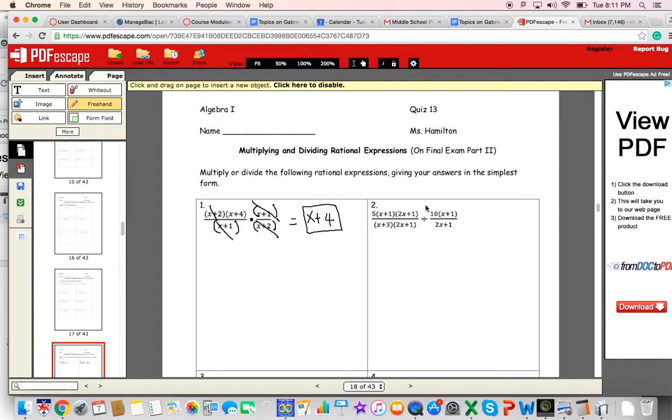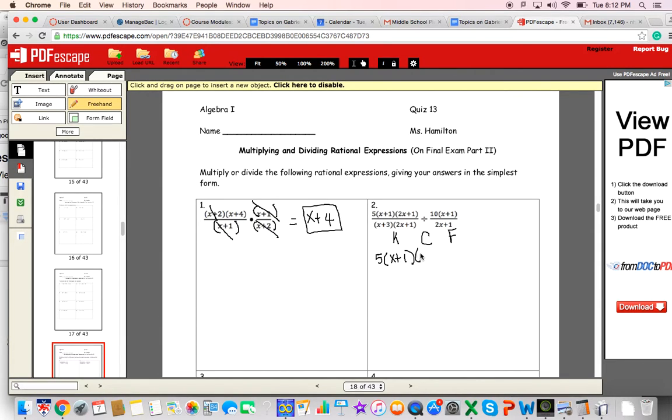All right, so here we have a division sign. So you have to always remember, if you have a division sign, you're going to always want to keep the first, I say K for keep, the first fraction, change our division sign to a multiplication sign, and flip, so keep, change, and flip, the second fraction gets flipped to the reciprocal. So let's rewrite that, but keep, change, and flip the expression here.